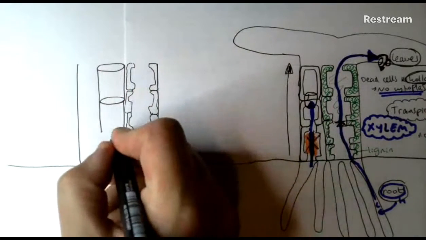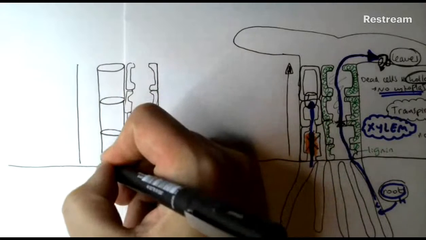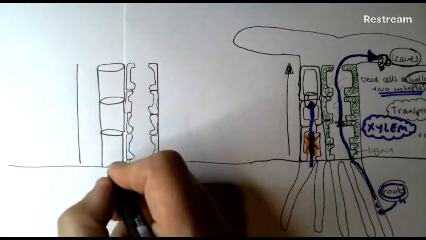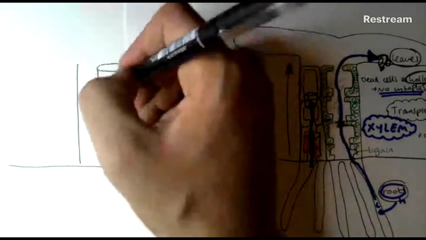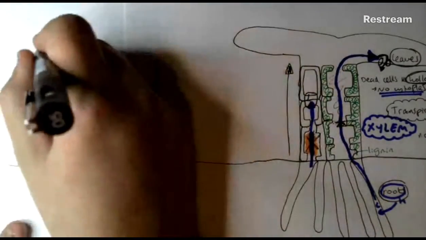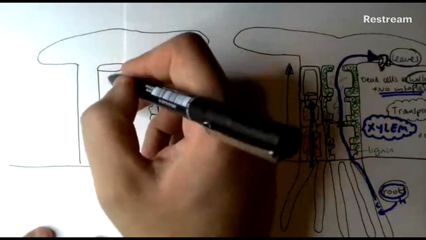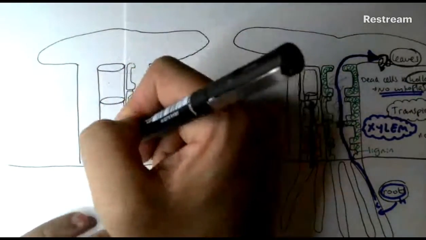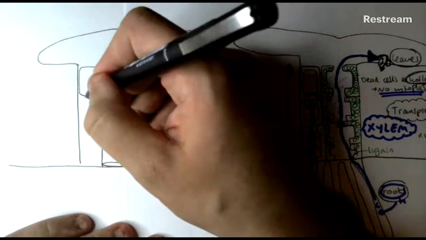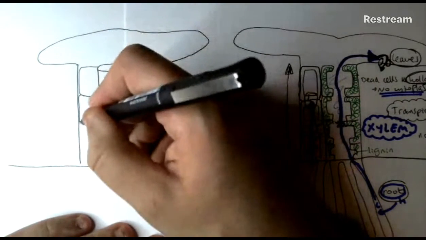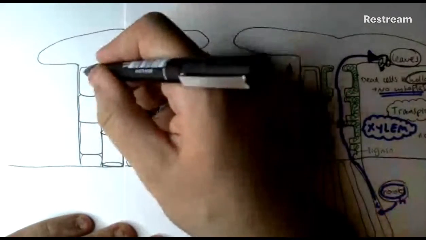Now, the point of the phloem is that sucrose or sugars are transported through them. So this is the leaf, the xylem, this is the sieve tubes of the phloem, and next to the sieve tubes you've got companion cells.